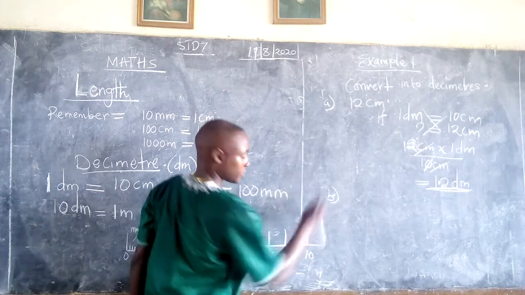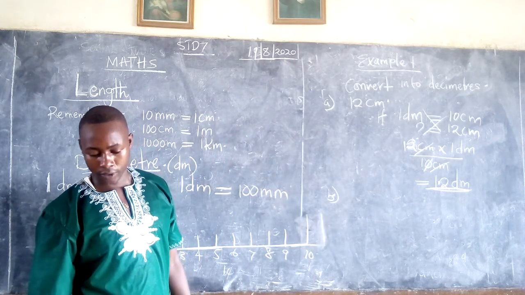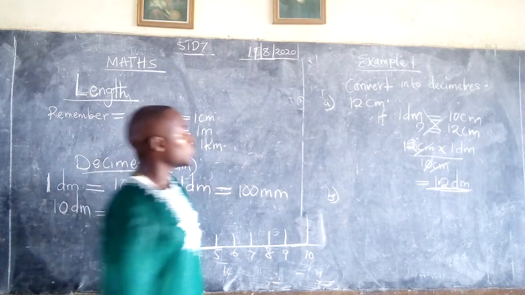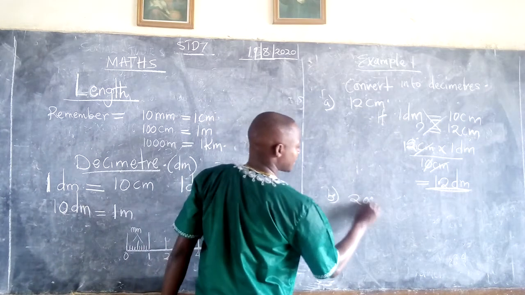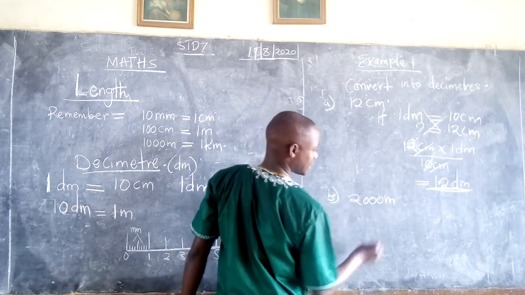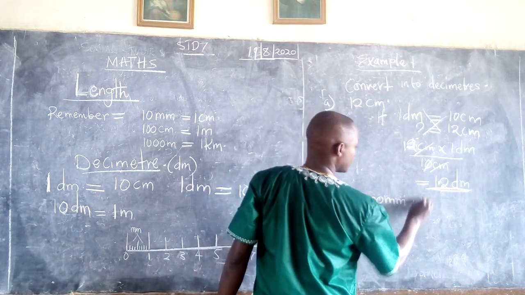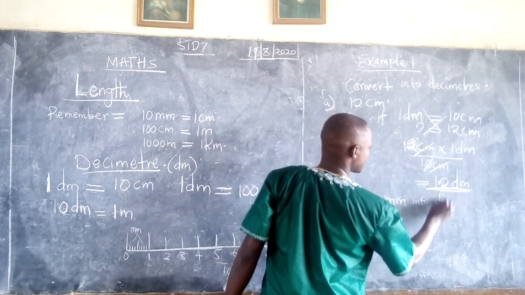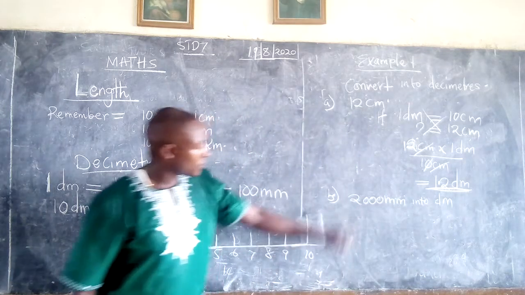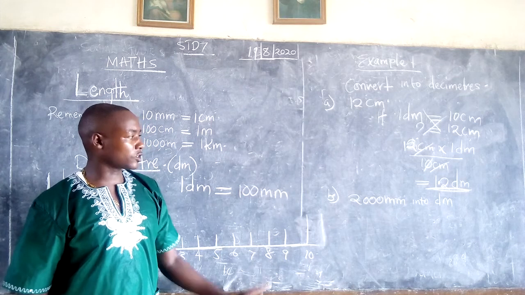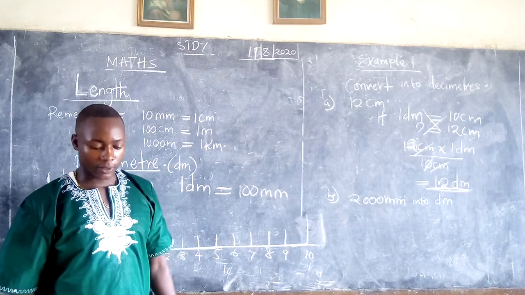Another example, you can be told to convert 2000 millimeters into decimeters. So what do you do?